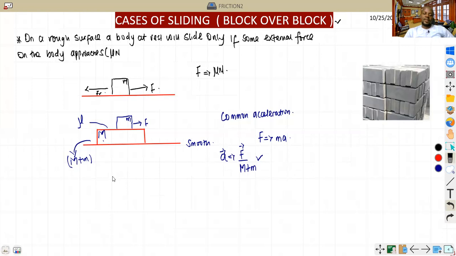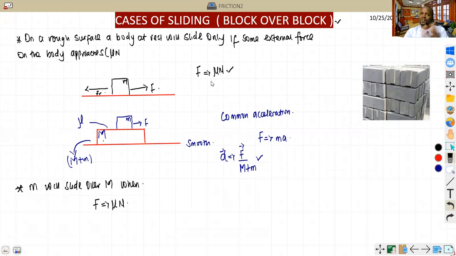Having said that, we can now write another important note: small m will slide over capital M when the force acting on this body, F equals ma, which we've talked about, approaches mu N, which is the concept I've talked about.